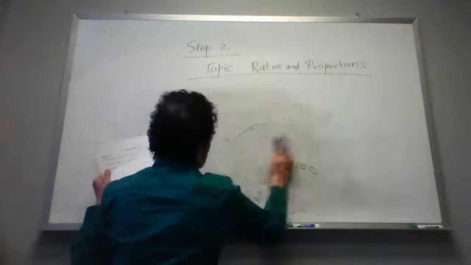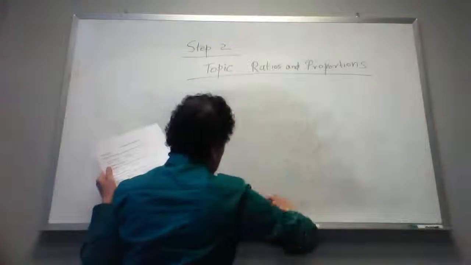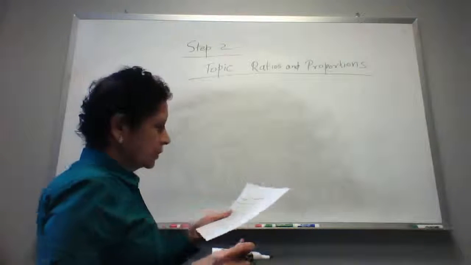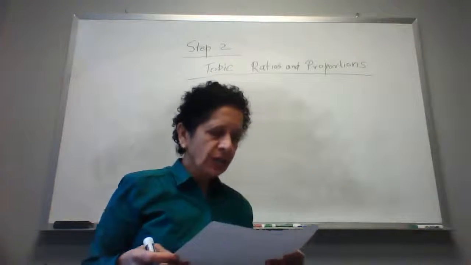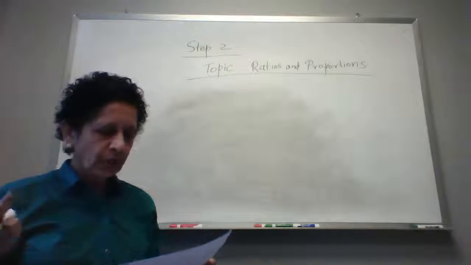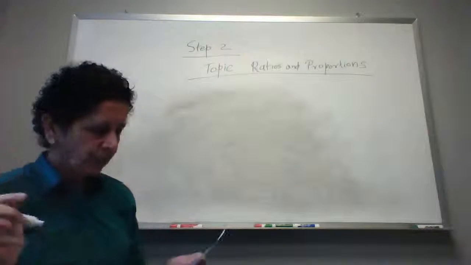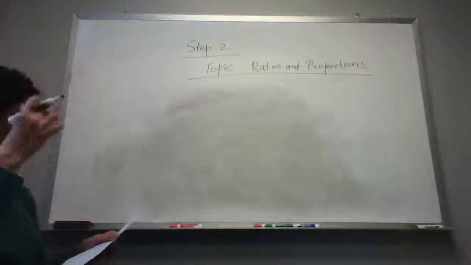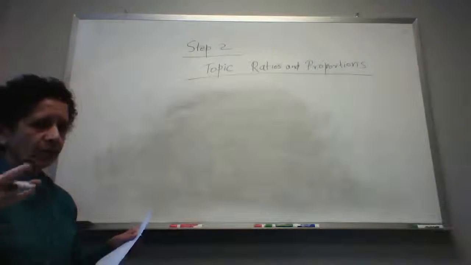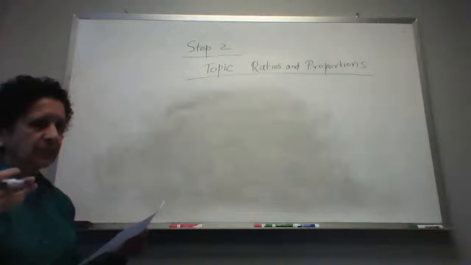This can be applied to distance and time. This problem says if you travel at 60 miles per hour, how much distance would you travel in 3 hours? Okay. So this is not always a part and a whole, but you can kind of think of this problem as a part and a whole.